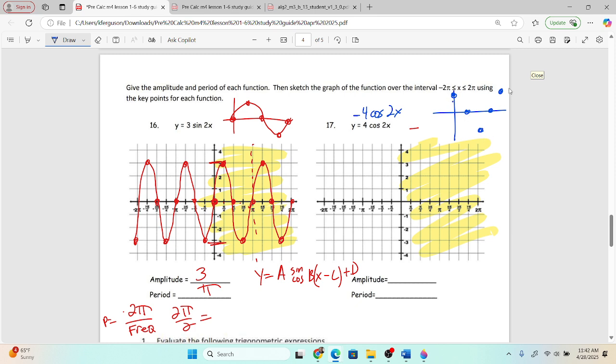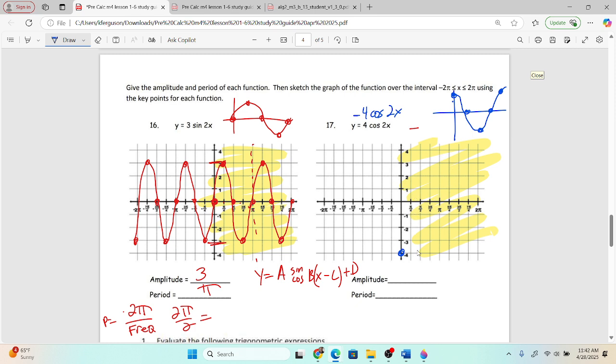If this is what my graph usually looks like, I start at the bottom. So let's just put that in the memory bank.